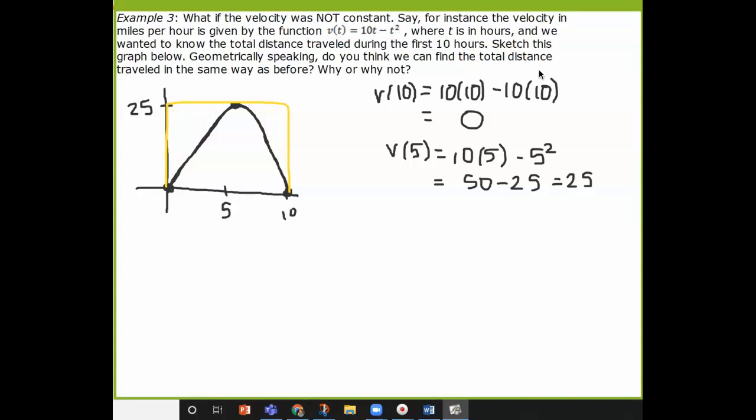I personally think if I was going to try to find the area under this curve based on the shape of it, a triangle on each side would maybe be the best bet, because a triangle has an area represented by 1/2 base times height.